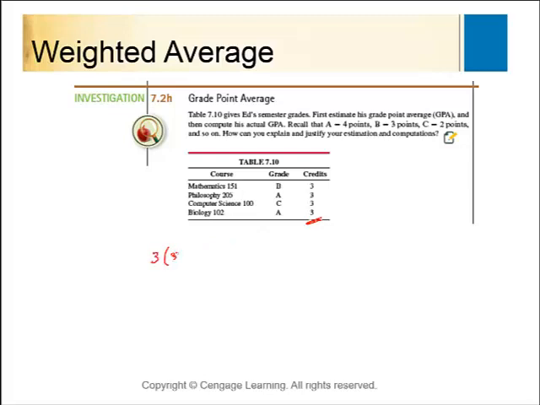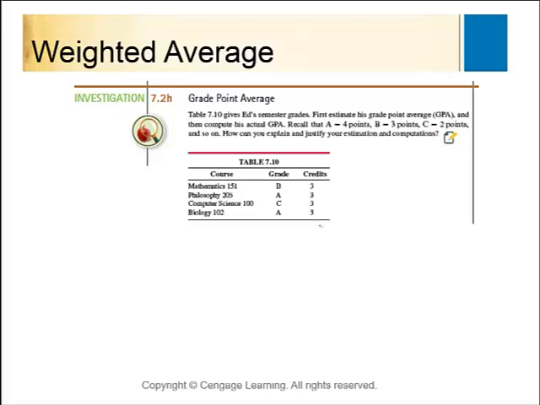So it's 3 times 3 plus 4 times 3 plus 2 times 3 plus 4 times 3 out of a total of 12 credits. And this answer, if I compute this, would be 3.25.